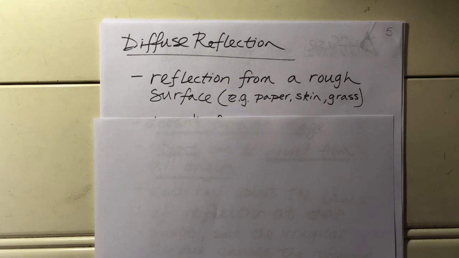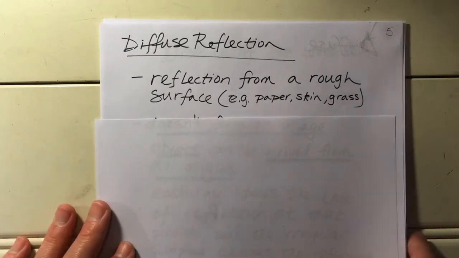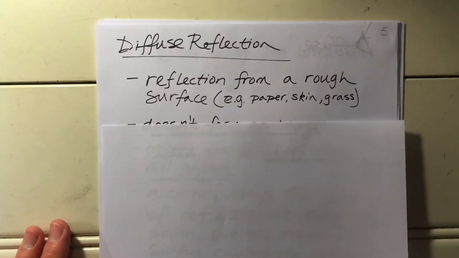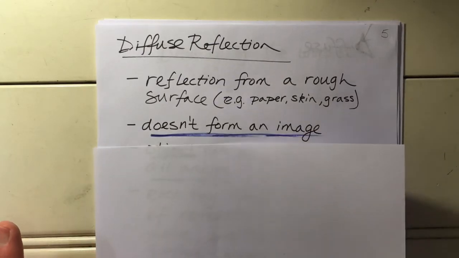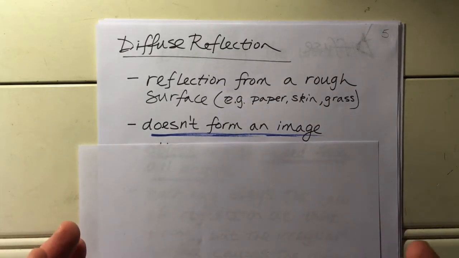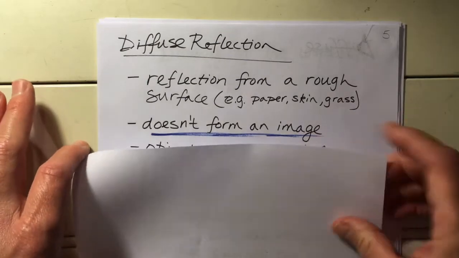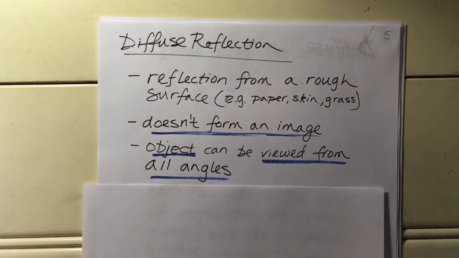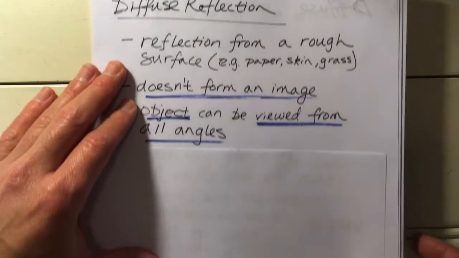So paper, skin, grass, surfaces that aren't polished, aren't super smooth, are going to use diffuse reflection. And diffuse reflection doesn't form an image. But objects can be viewed from all angles. And that's important to realize.